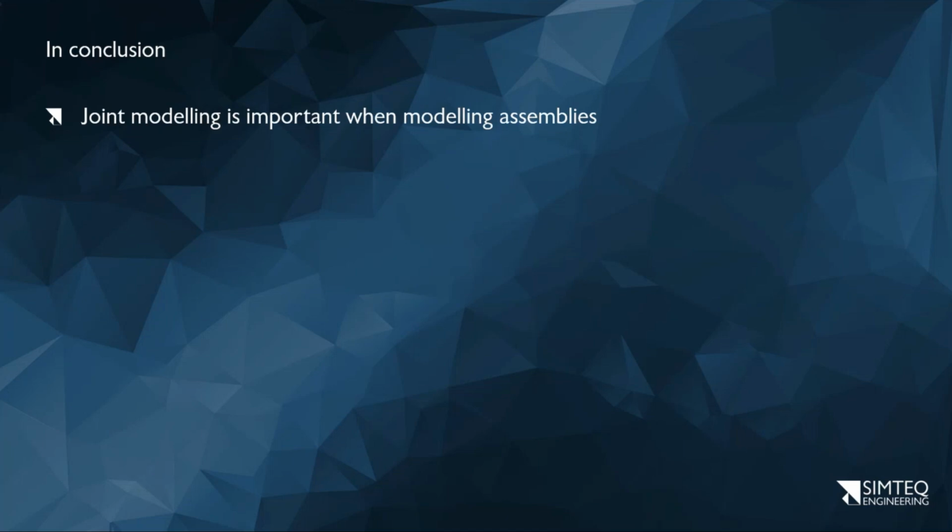If you're interested in more on specific types of joints, please let us know and we'll add some sessions on specific types of joints, different ways of modeling, and examples of analytical methods to calculate the strength. So in conclusion, if I look at joint modeling, it's important to model joints. It's important to model them reasonably correctly in terms of stiffness.